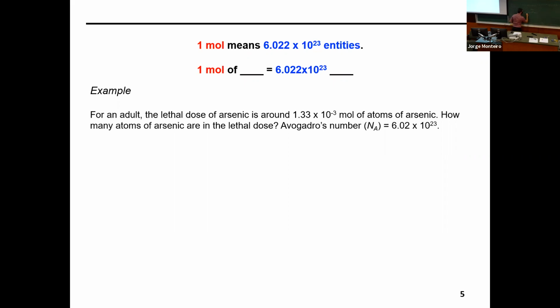And now the problem is asking about 1.33 times 10 to the minus 3 mole. How many atoms are there?